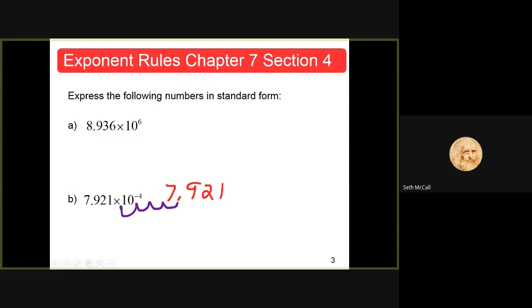I apologize that that overlapped there. But we're going to fill these all in with zeros. So when I rewrite the number, now you can see it's 0.0007921. The reason the decimal point went to the left is because the original exponent was negative. Therefore, the decimal point goes to the left.